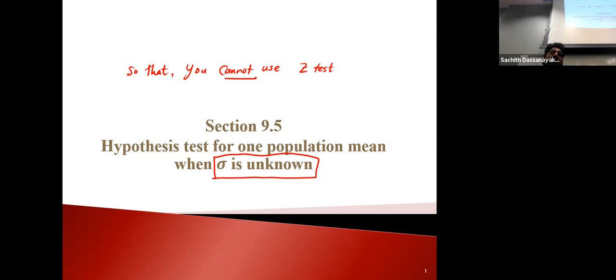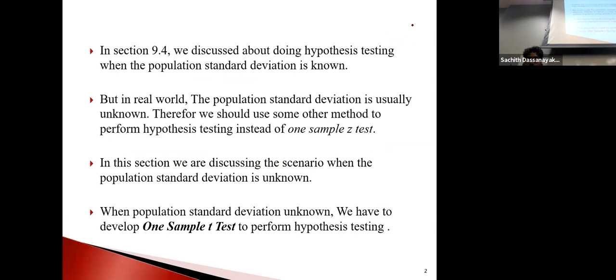So we are going to replace this Z using T. Okay. So in 9.4, we were dealing with hypothesis testing where the population standard deviation is known, sigma known.